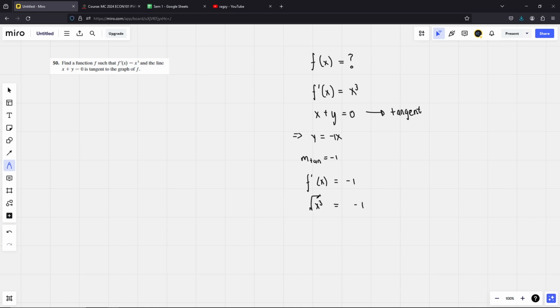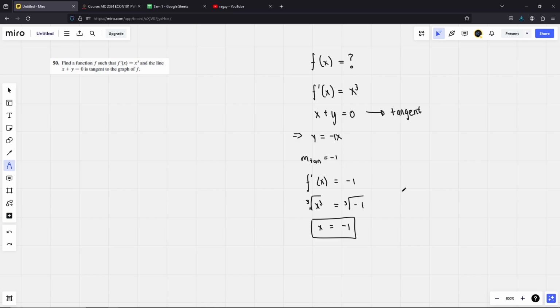Now taking the cube root of both sides, we get that x is just going to be equal to minus 1. I'm going to put this in a box because this is important. This is the x value at which this slope occurs. So at x equals minus 1, the slope is minus 1.